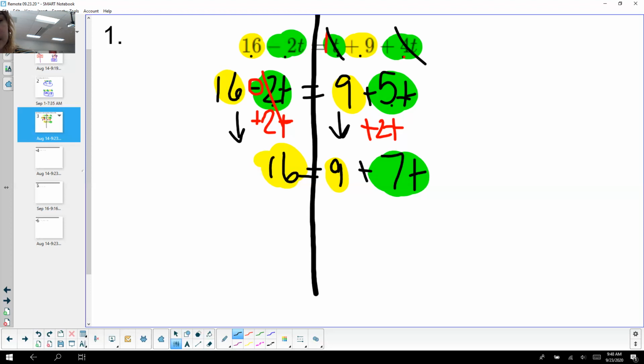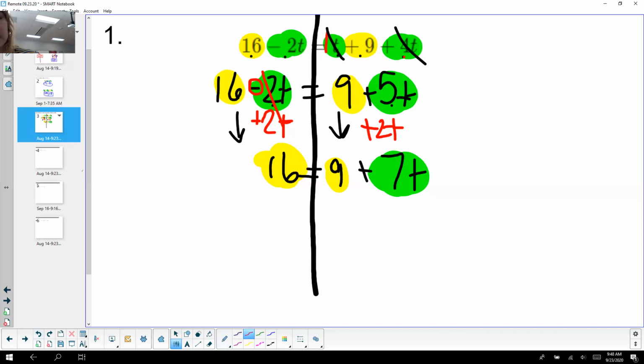All right, next, I need to get all of my constants on one side of the equal sign and all of my variable terms on the other side. So I've got all of my variable terms over here on the right. So I'm going to go ahead and start moving my constants to get them all on the left side.